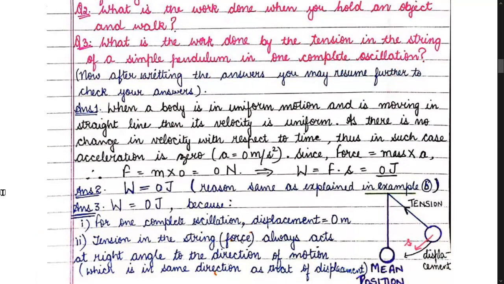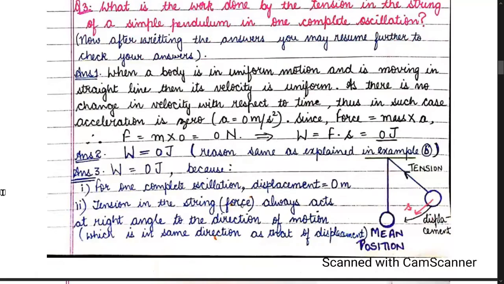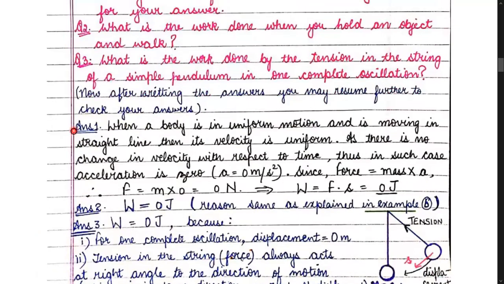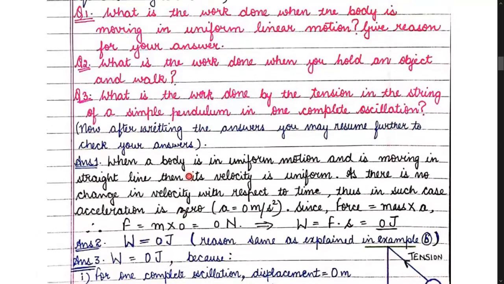So I hope by now you have written the answers. Now children, your answer number 1. The question was, the body is moving in uniform linear motion. Whenever a body is in uniform motion and is moving in a straight line, linear meaning straight line motion, its velocity is uniform.